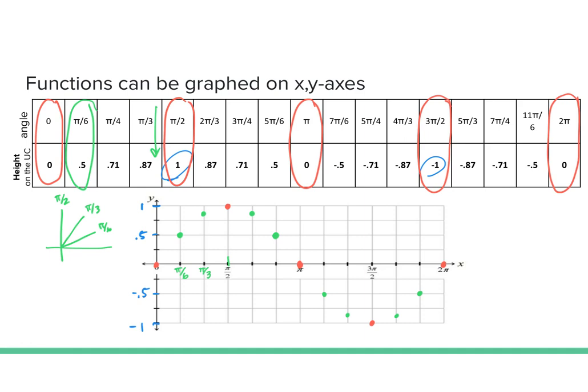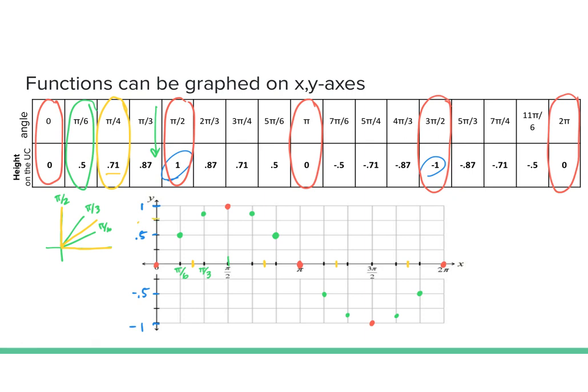Let's go back, and lastly, let's fill in the pi over 4. Pi over 4 is taking the pi over 2 and 0 and splitting it in half. So I'm literally going right in half in the middle of each quadrant. So there's my pi over 4. And I'm going to graph 0.71.